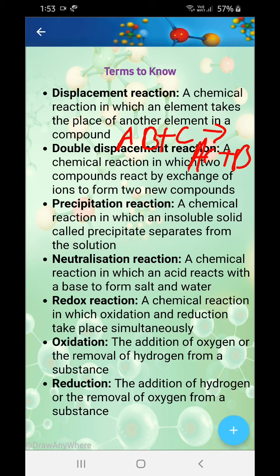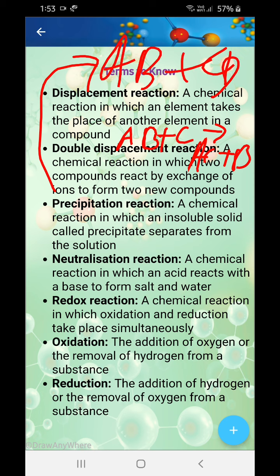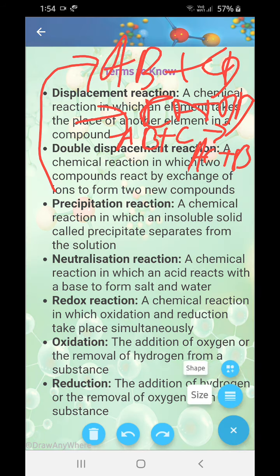This is called displacement reaction. Now what is double displacement? The chemical reaction in which two compounds react with each other by exchange of ions to form two new compounds. Suppose you get AB plus CD as reactants, and as product you get CA plus BD. How does it happen?